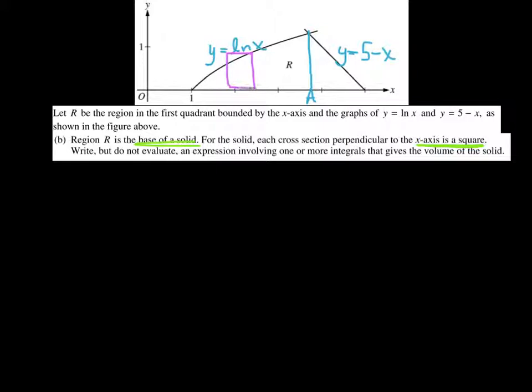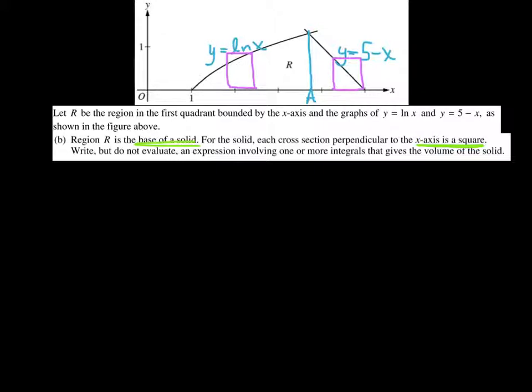I have a square over here, and then I have squares over here. And so, again, the length of the side of the square depends on which side of A I'm on. So if I'm between 1 and A, I'm going to have a different formula, upper minus lower, than if I am between A and 5. So again, I have to split this into two separate integrals and add them together.